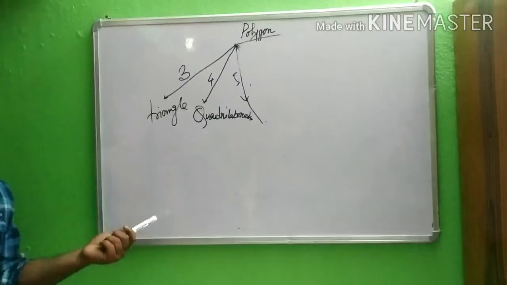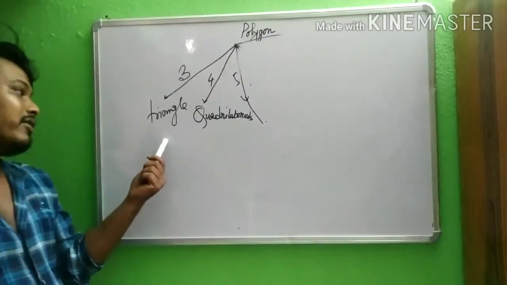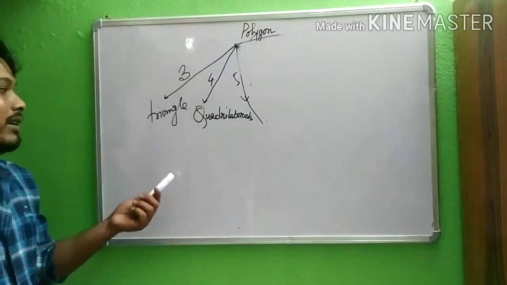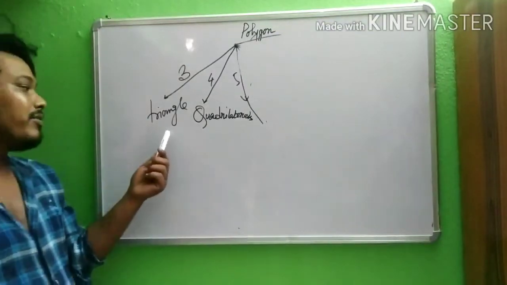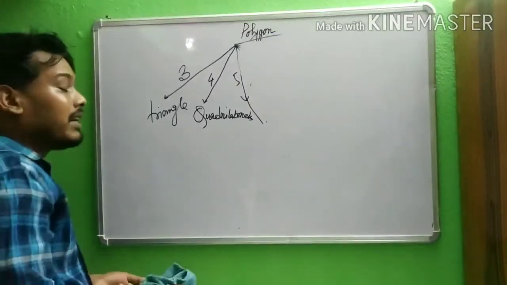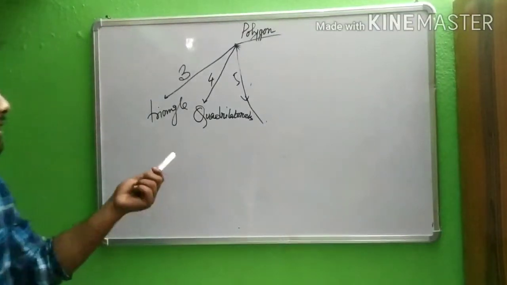In the previous class, you already learned about triangles. From here, I recall the triangles and their definitions once. The definitions are also very easy. Then quadrilaterals.